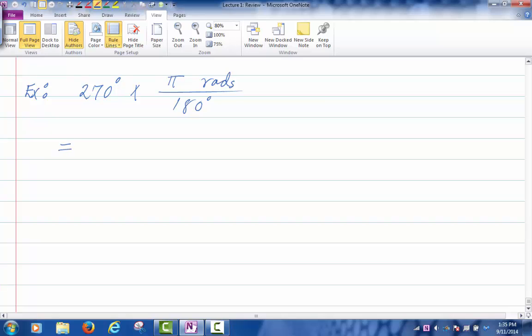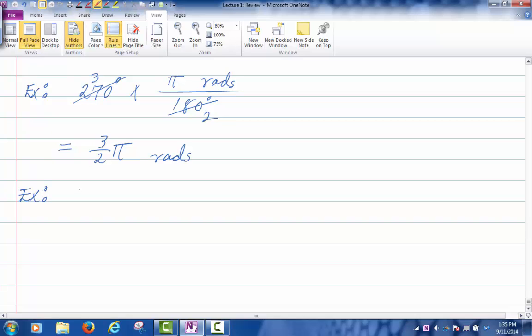Well, I guess this is 3 and 2. You divide by 9 basically, so you get 3/2 of pi. Yeah, you can write 3 pi over 2 as well.